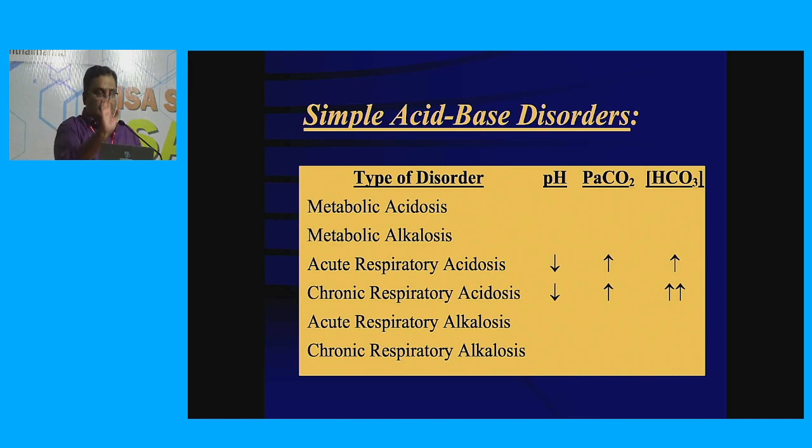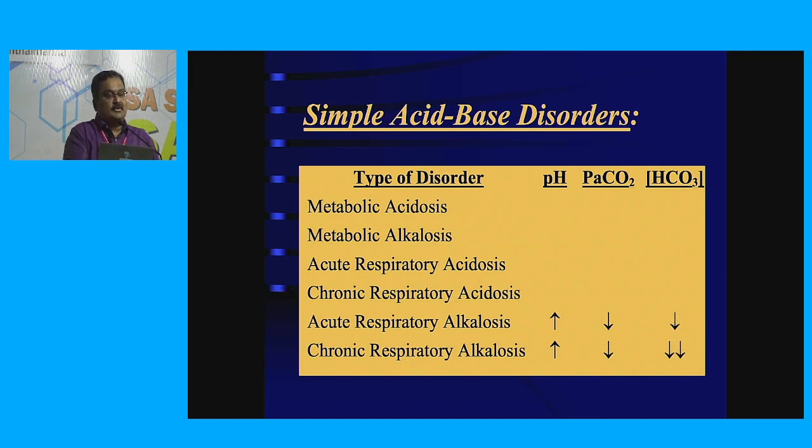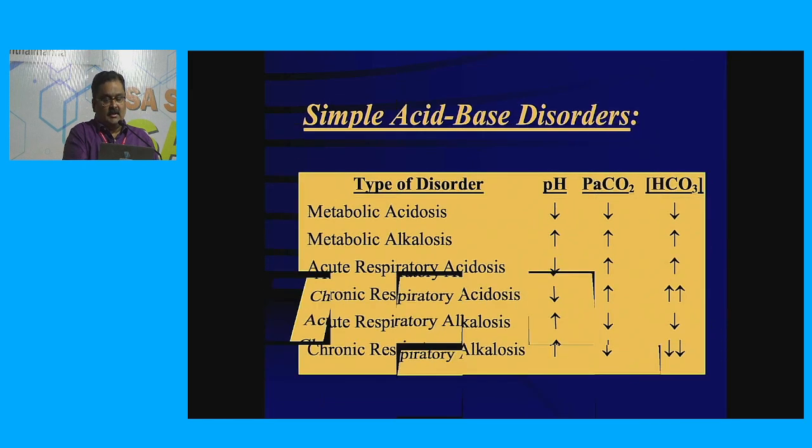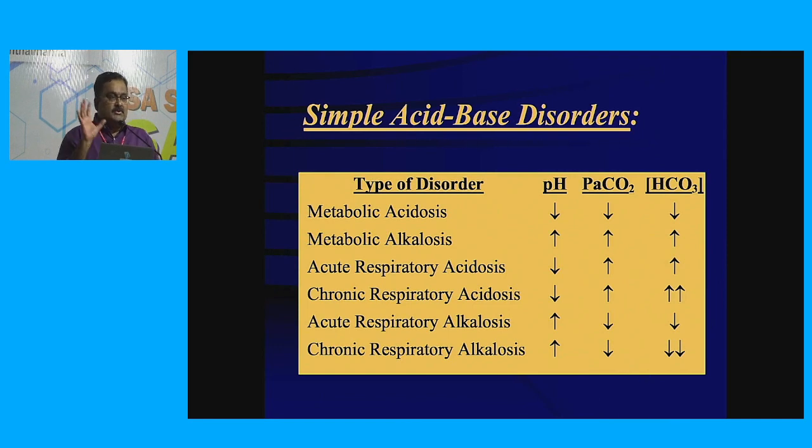Now next, what about respiratory alkalosis? What happens in alkalosis? The pH increases, whereas the PCO2 decreases, and bicarbonate also decreases. Bicarbonate increases? Decreases. So bicarbonate decreases. So if you look here, what can you see? The compensation is always in the same direction as the change of the primary variable.